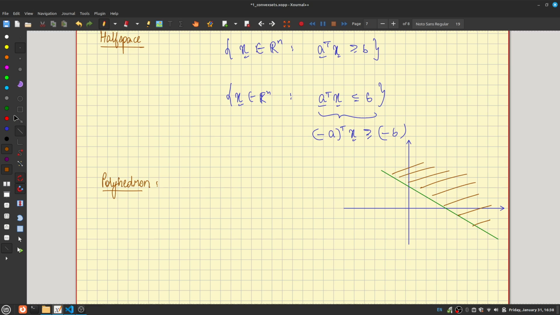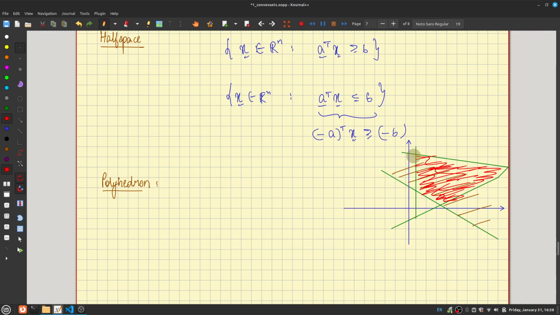Now I can look at multiple such half spaces and take an intersection of these half spaces. Right, I can take the intersection of multiple half spaces. So any intersection of finitely many half spaces is a polyhedron.